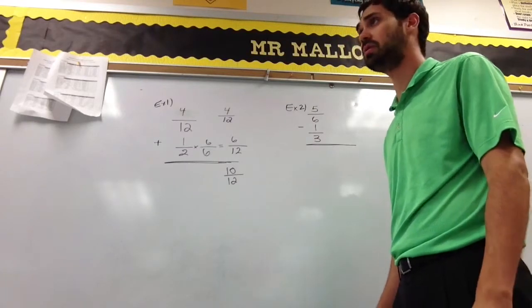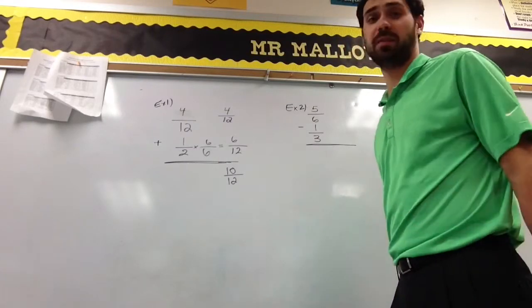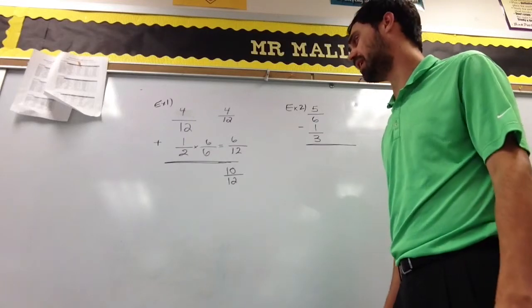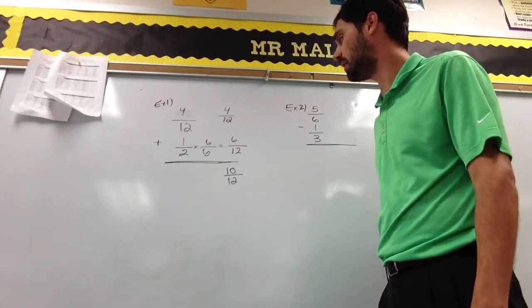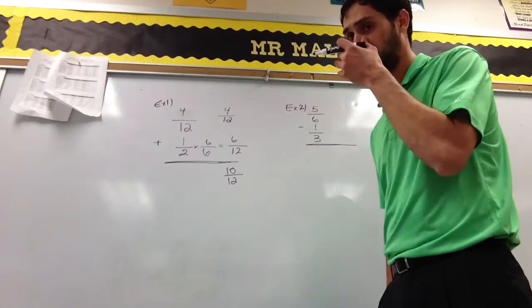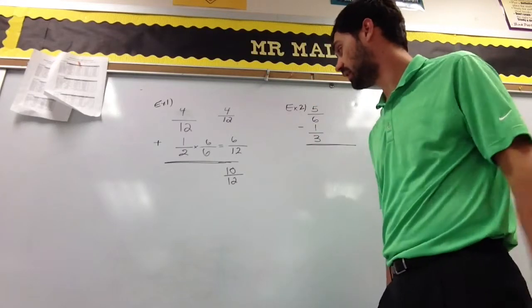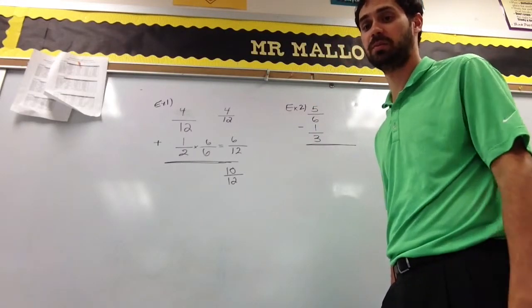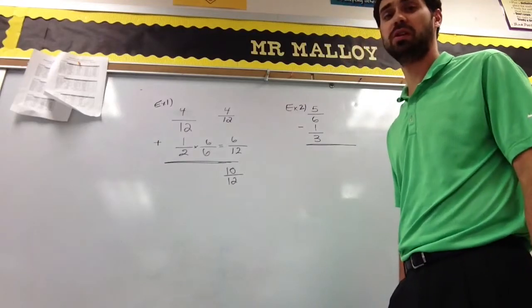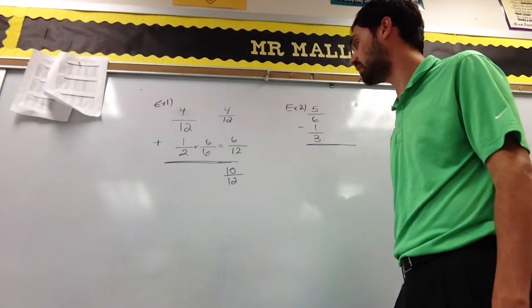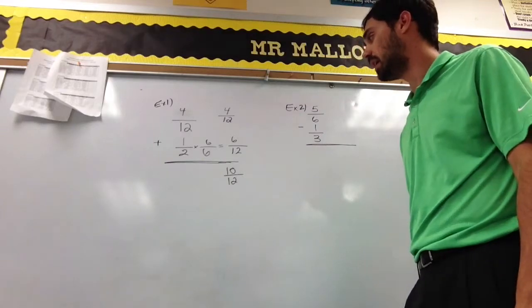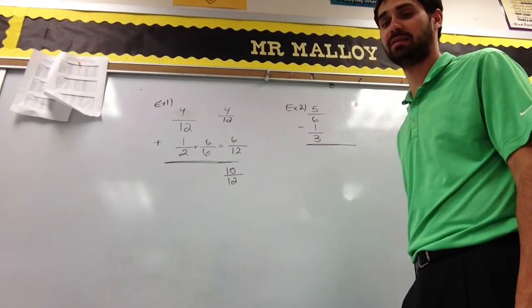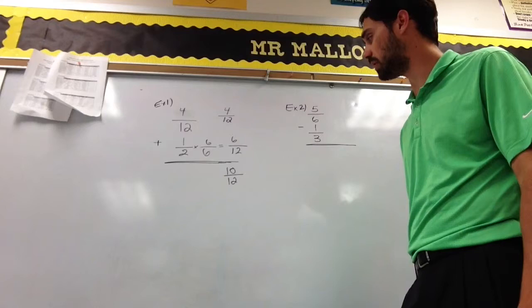Okay, so simplest form, it's kind of a misleading name because it's not a simple process to determine what numbers you need to divide out of the fraction to put into simplest form. This is where knowing your multiplication facts and your division facts really come in handy. There's no one fast rule to do it.